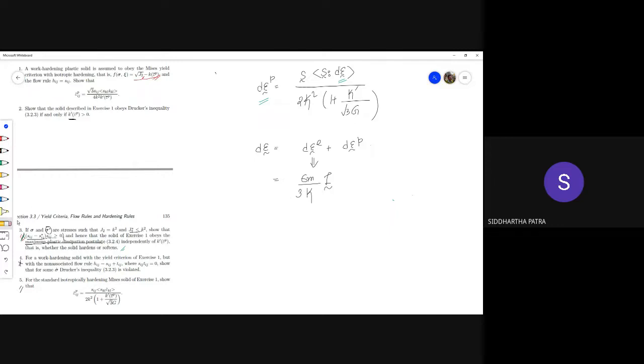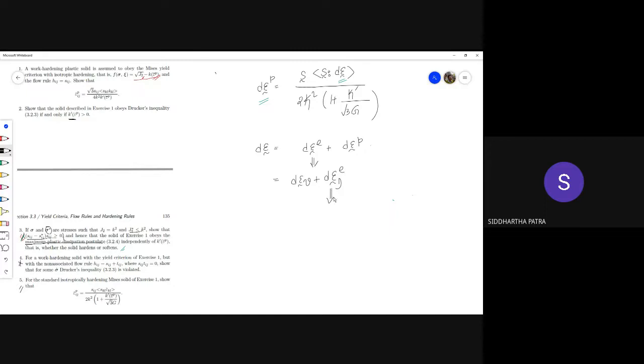So actually what we can write this to be like, so there is the volumetric part of the strain, and then there is the strain deviator in the elastic part.